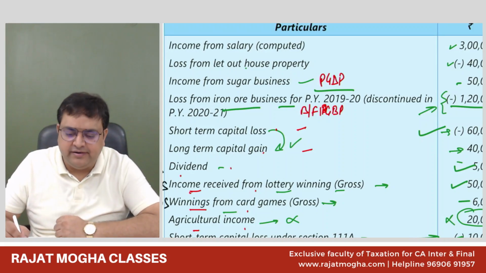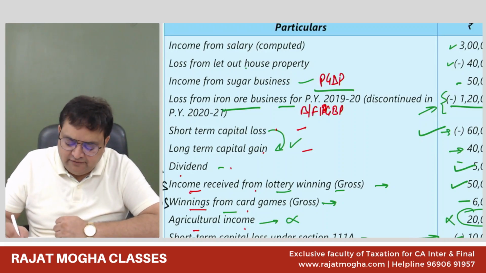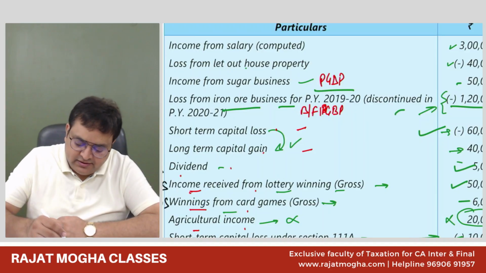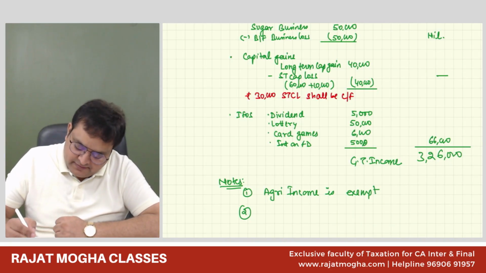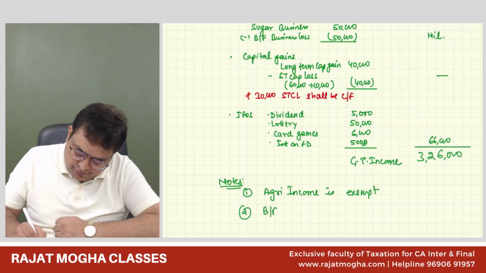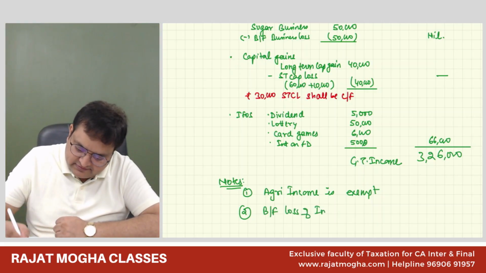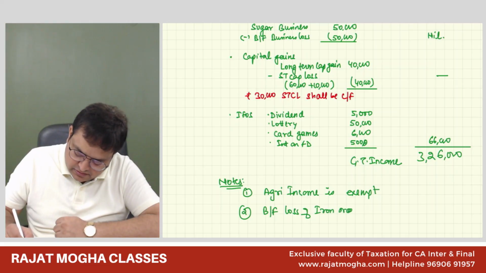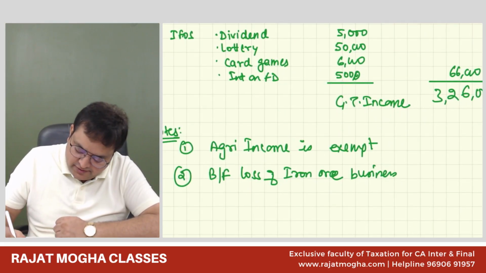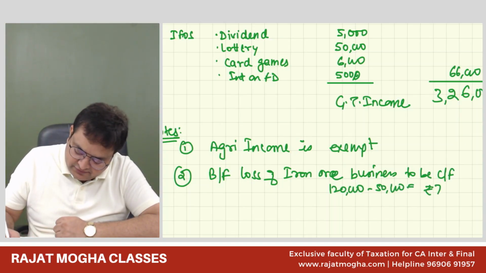The other losses will remain unabsorbed, and we have to carry it forward. Brought forward losses of iron ore business to be carried forward. How much it was? 120. 50,000 we have set off. So 70,000 will be carried forward.